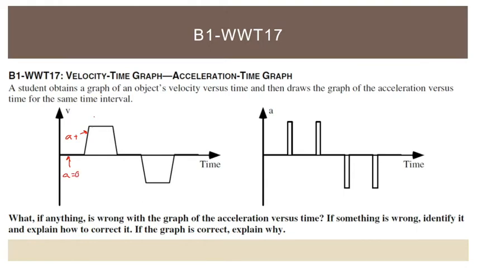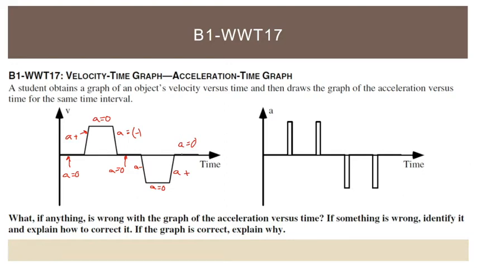Then moving on to this flat segment here, we have another 0 acceleration. Here, we have a constant and negative slope, so that slope should be negative. Then here, the acceleration is 0. Then here, notice the slope is negative again, so we have a negative acceleration, another segment of 0 acceleration. Then we have a positive acceleration, and then we have a 0 acceleration to finish off.